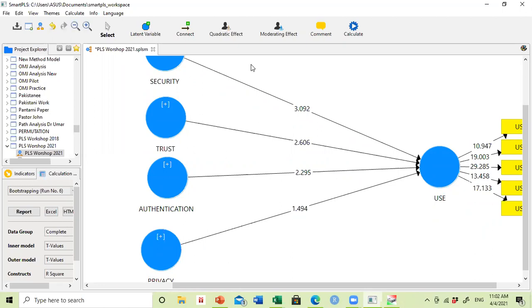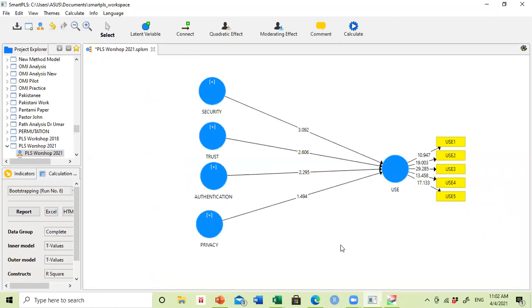I told you, you don't rely only on t value to tell your reader that you have successfully established a strong relationship between your constructs, unless you check the confidence interval. How are you going to read the confidence interval? You will not see it here. If you want to see the confidence interval, you have to go to report.